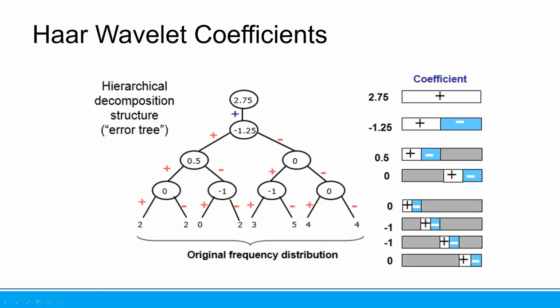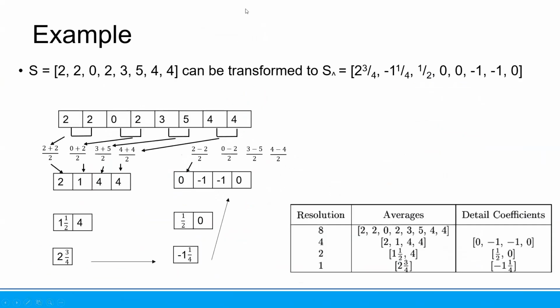We can create the wavelet coefficient, because we can calculate each of the coefficients from the detail coefficient previously. So these are the numbers that you can create. The 2.75, it is from this value.